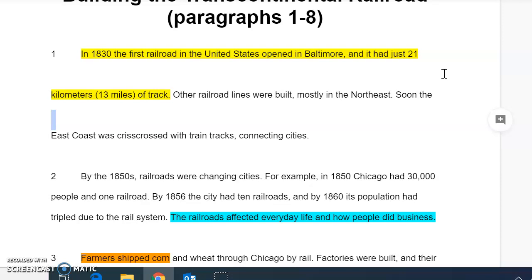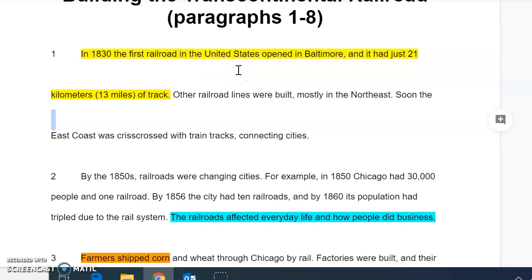So paragraph 1 gives us the introduction to this passage we're going to read, and it lets us know when the first railroad tracks were laid, and then over time, how they began to connect cities across the East Coast and were used for transportation. I highlighted this very first sentence in yellow because that was a key detail.